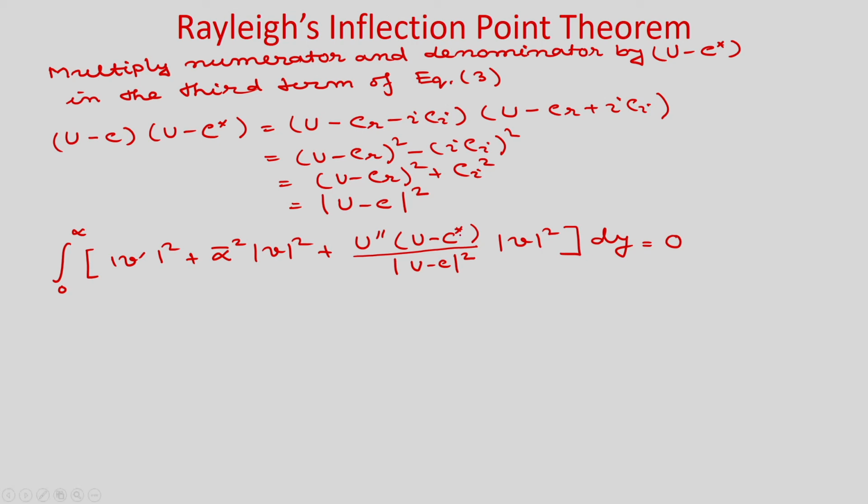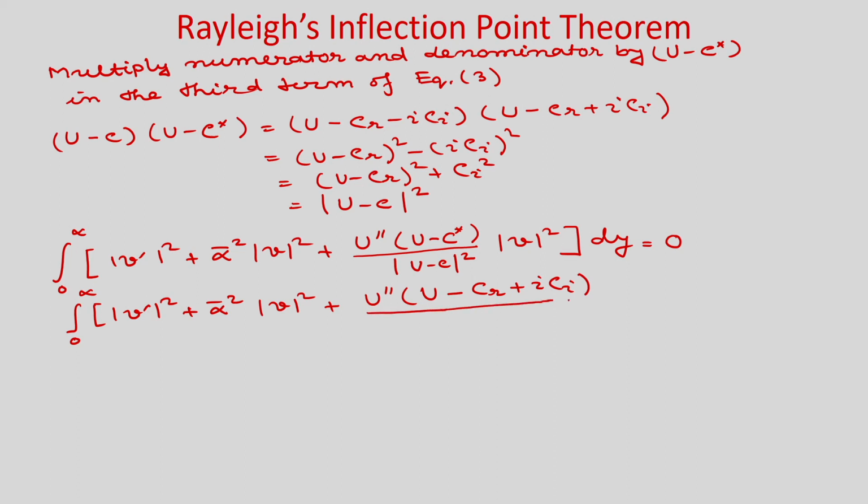Now, this C star we can write as Cr plus iCi divided by mod u minus C square, v square dy equal to 0.